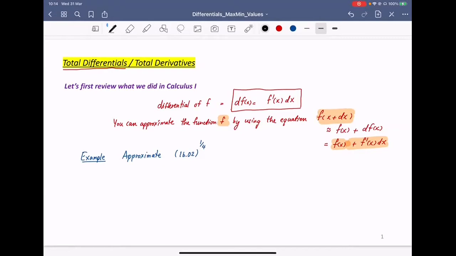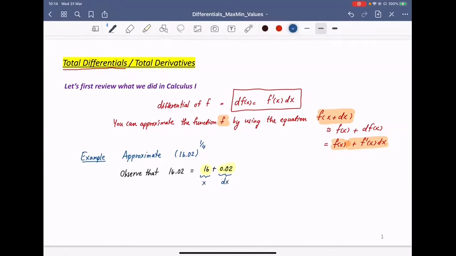So in calculus 1, we say that you can observe that 16.02 is 16 plus 0.02. The term that exceeds the number 16 is only 0.02, right? And then here in calculus 1, we say that we can view 16 as your x, and you can view 0.02 as your dx.